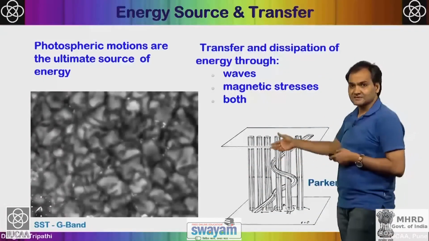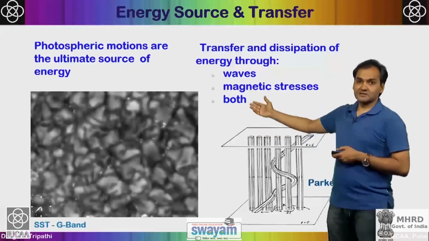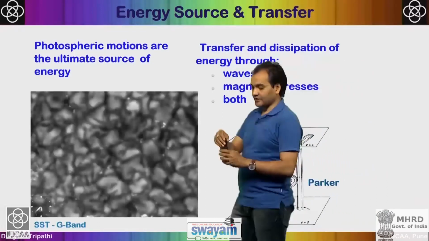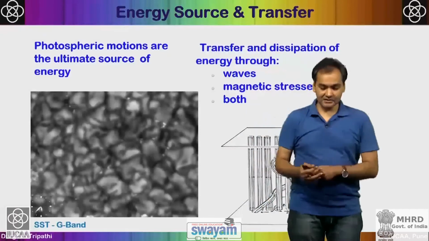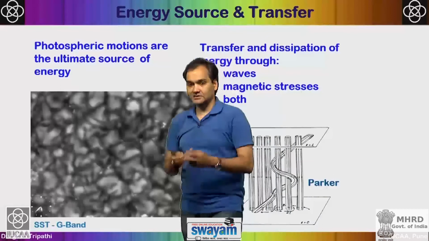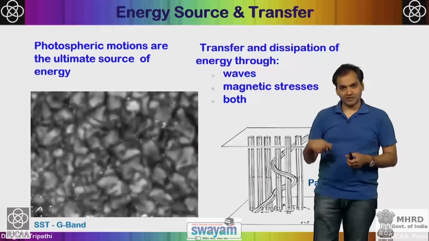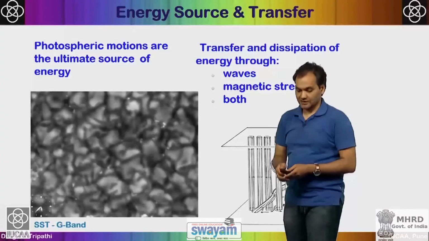Now, this transfer and dissipation is through waves, magnetic stresses, or both. If you take a string and thump around, you produce a lot of waves, and since you are churning around, you are twisting and working on those threads, and since those threads are magnetic field, you are putting stresses on them.